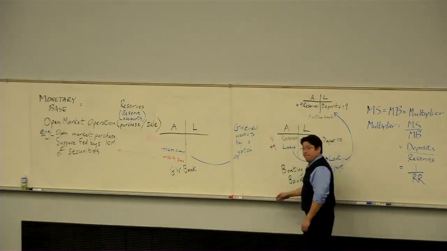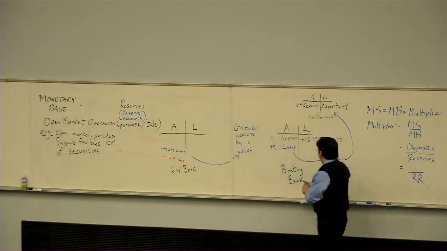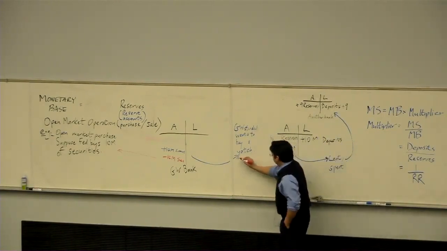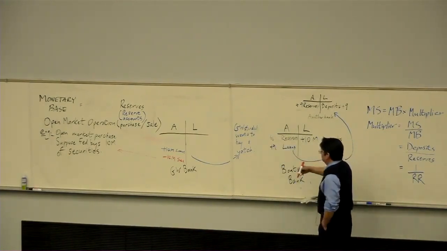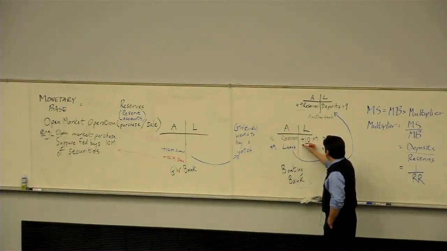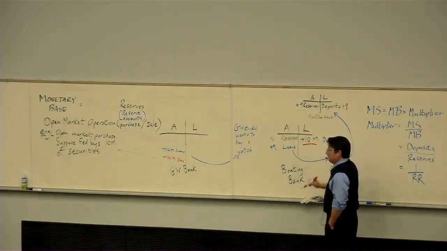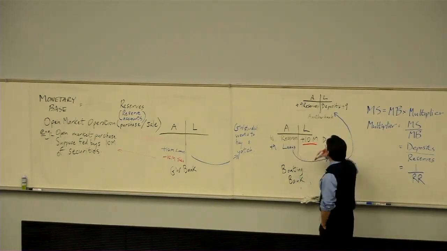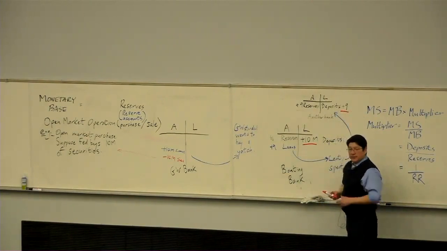But what about money? When this first loan was spent, we got this plus $10 million in deposits here. But then a bunch of those funds were lent out, and now we have more than $10 million in money. In fact, we have 19.